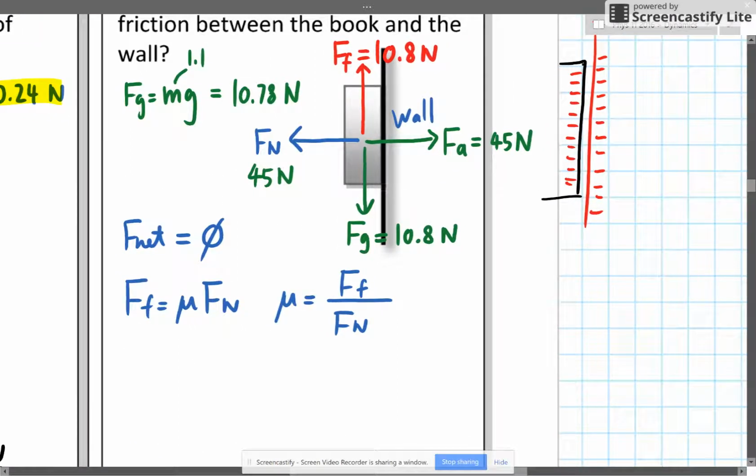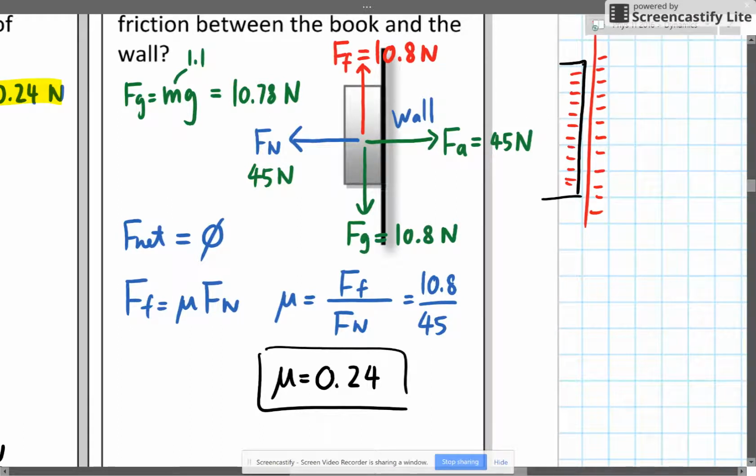We take friction, which is 10.8, and normal force, which is 45 Newton, and divide. At the end, the coefficient of friction is 0.24 between the book and the wall.